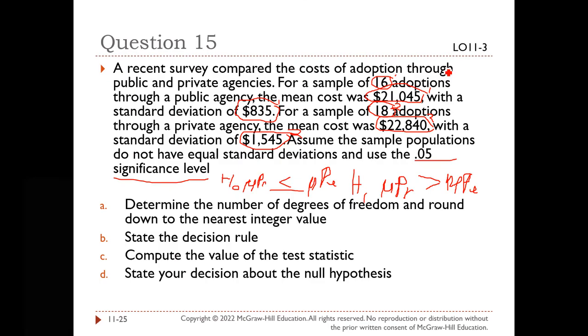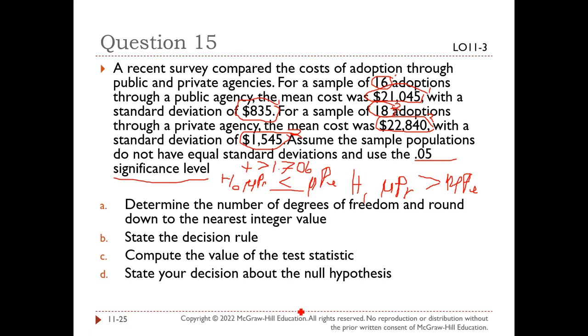So, we're going to reject this if t is greater than 1.706. Okay? So again, that's why we did the big old formula to find degrees of freedom, to know what our decision rule is going to be.